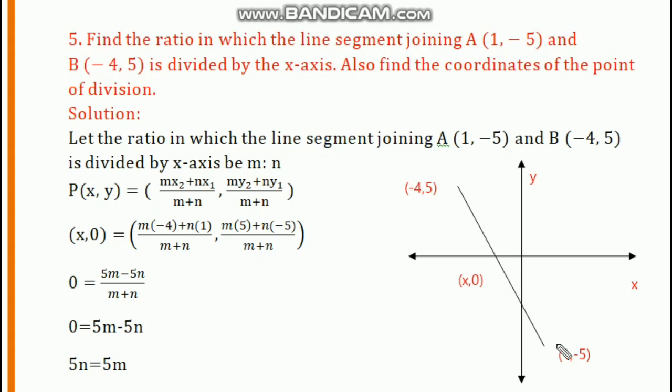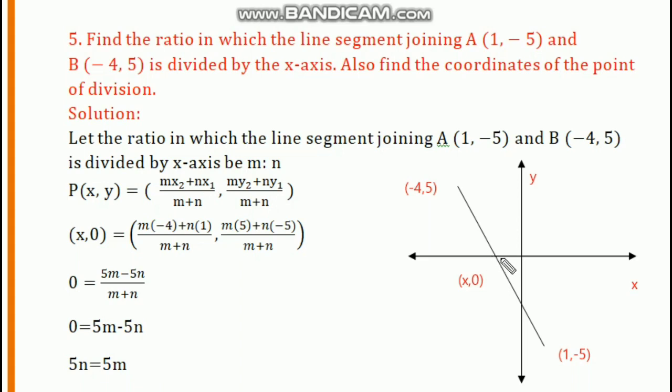Points are (1, -5) and (-4, 5). So the line segment AB is divided by the x-axis. If the line segment is divided by the x-axis, the y value is 0.